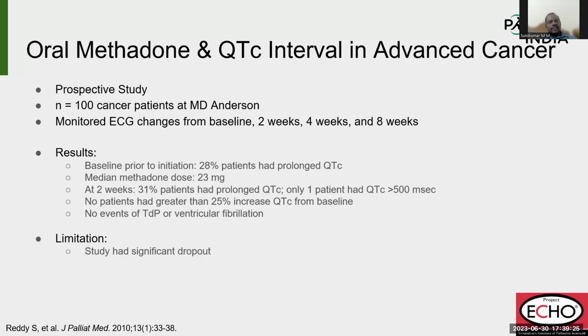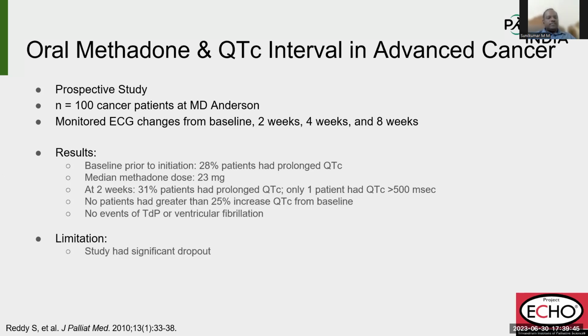You can see this study, which was done by MD Anderson Cancer Center. They recruited 100 cancer patients and started them on methadone, but they monitored the ECG at baseline, then after 2 weeks, 4 weeks, and 8 weeks.